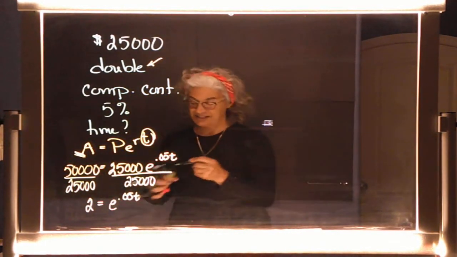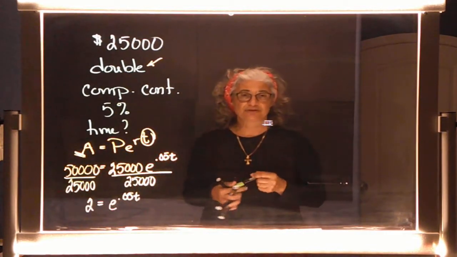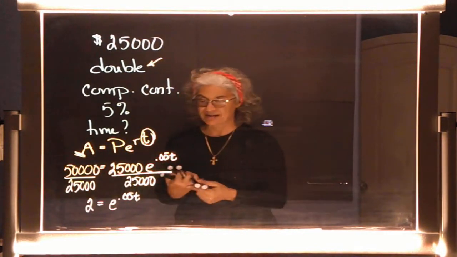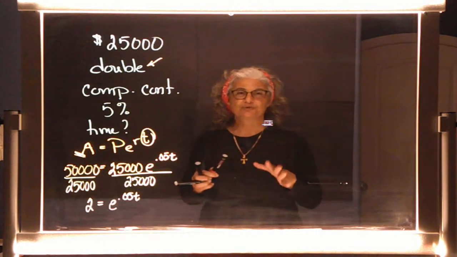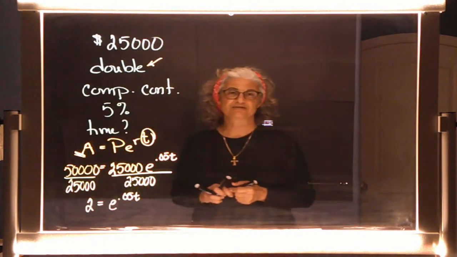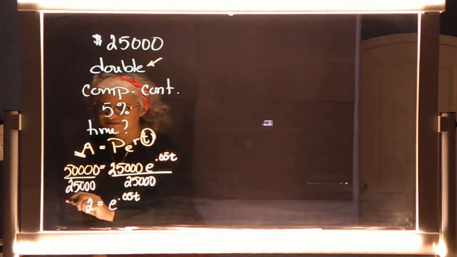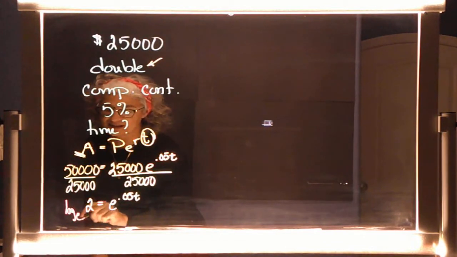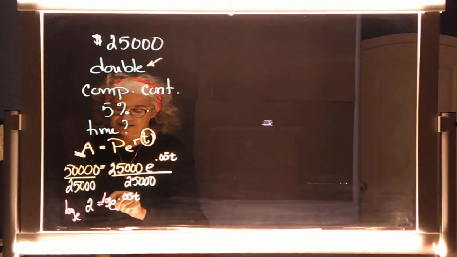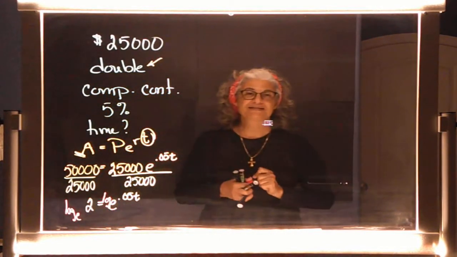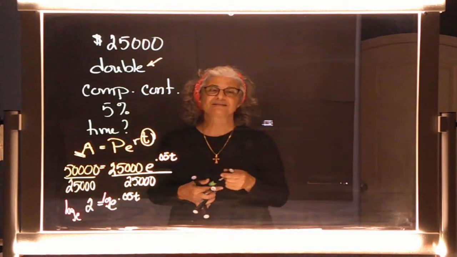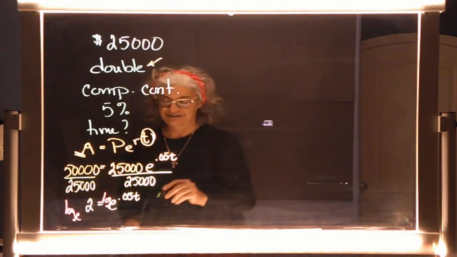Okay, and now I need to get rid of that base e, don't I? I need to get rid of that exponential so I can get the t on the ground. That's right, you're going to have to take the log base e of both sides. And log base e is the same as, excellent, ln.